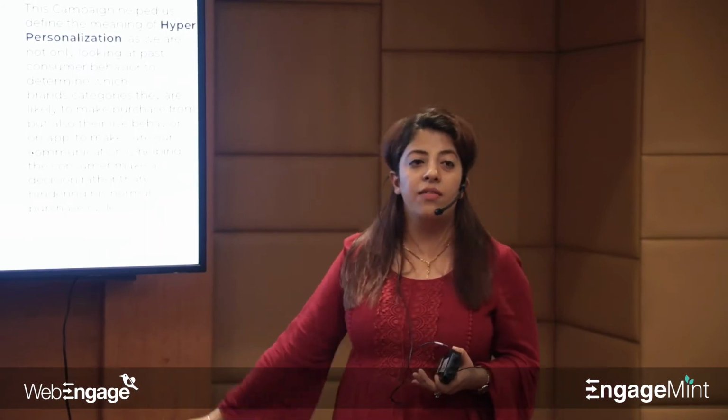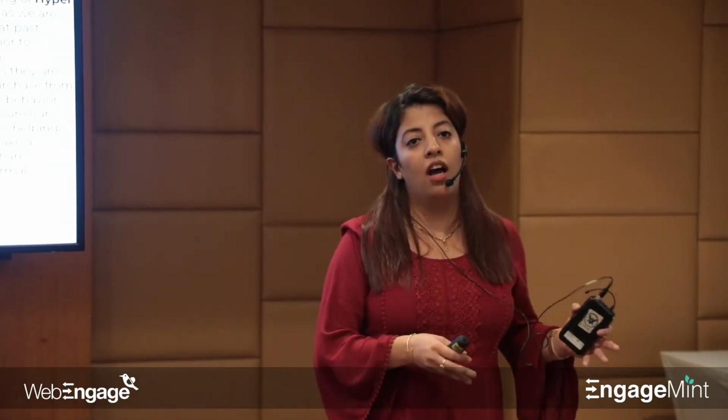Now, this is a very good example of hyper-personalization. We talked about personalization in the last session, which was, hey, first name. It's not really personalization. Everyone knows that. When we talk about hyper-personalization, we are combining customers' past behavior, whatever he has done within the app, like how we calculated his affinity, with his live behavior.